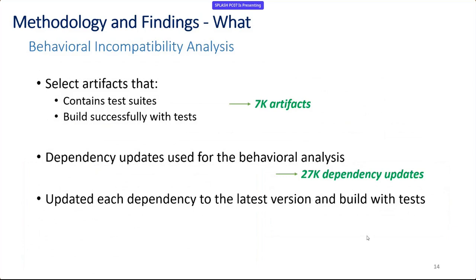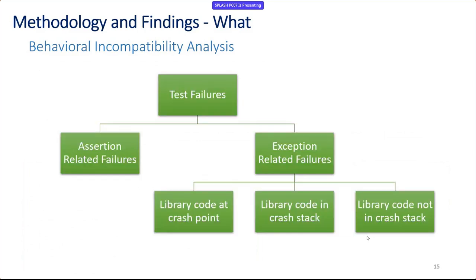And we updated those dependencies and built with the test cases itself and found out that for around 18,000 instances, the test cases were failing because of these dependency updates. So for the categorization of the behavioral incompatibilities, based on the test failures that we found, we categorized them into assertion-related failures and exception-related failures.